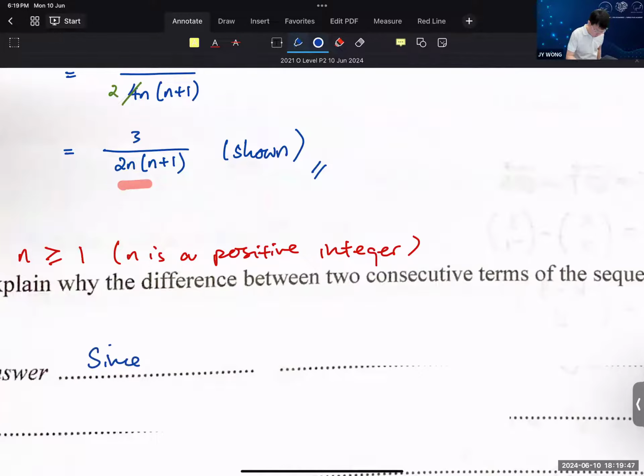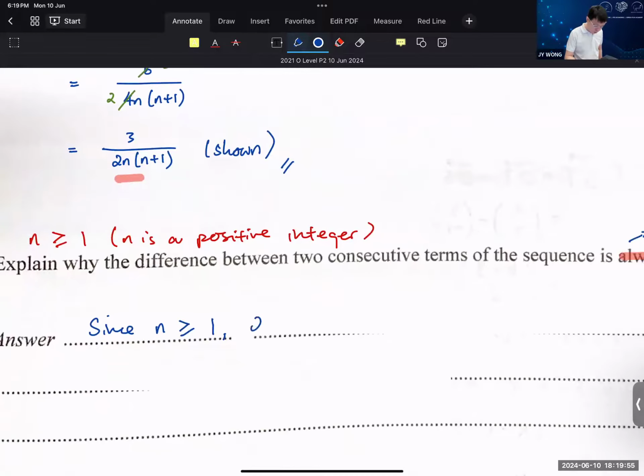Since n is always more than or equal to 1, 2n times n plus 1, which is your denominator, will always be more than or equal to 4. When n is 1, this value will be equal to 4. When n is 2, this value will be greater than 4 already.